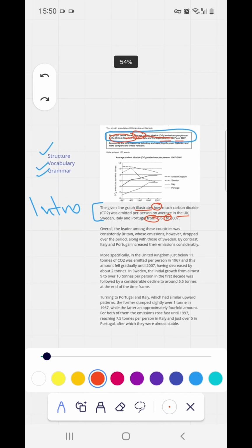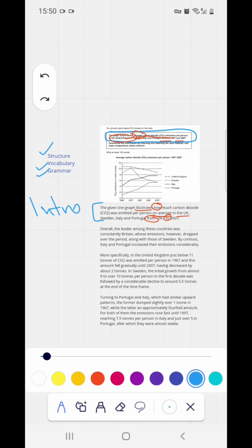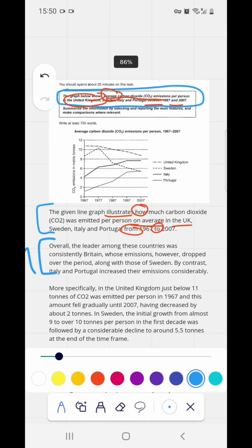Now moving on to paragraph number 2. The second paragraph is about our main features in the graph. So as you see in the second paragraph, we don't have precise figures, and we only talk about changes or trends in general. So first I wrote about the leader here.